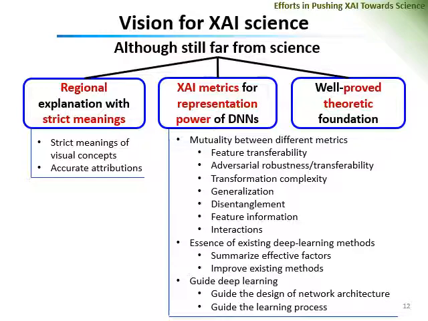What are the core or essential factors that are effective for this task from the existing ad hoc technologies, and how to improve the existing methods. Finally, I think if XAI is a science, people need to use the explanation result to guide deep learning. For example, to guide the design of network architectures and to guide the learning process.